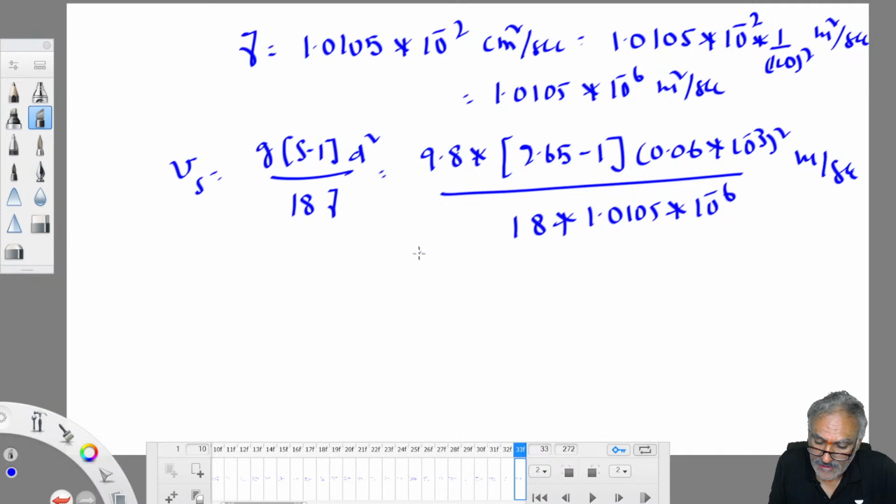So I got this as 3.2 into 10 power minus 3 meters per second.